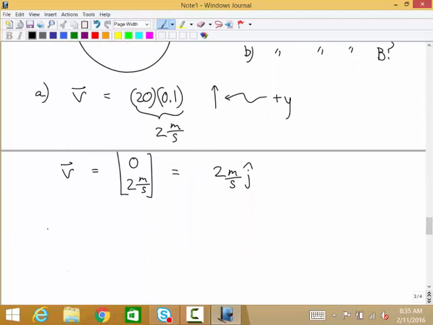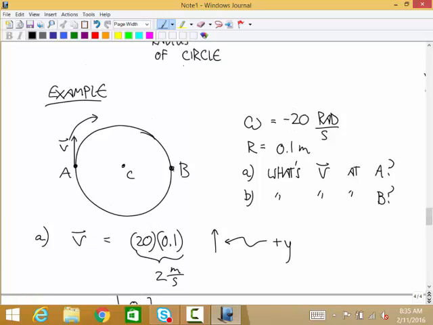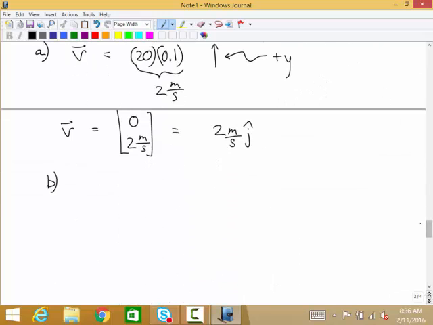Okay, so for part B, what's the direction of the velocity vector at B? Down. The velocity vector is, these haven't changed, so we still have 20 radians per second times a radius of 0.1, but the direction now is this way.